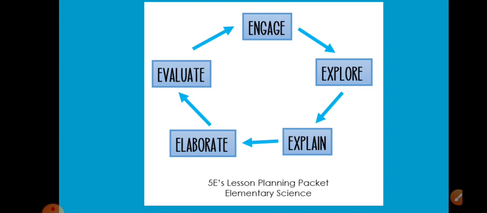No. After engage, there should be an exploration. Then explain, elaborate, evaluate. So each phase, step, or level should not be what? Rearranged. So you need to start from engage and end with evaluate, and then after evaluate, you start again with engage.